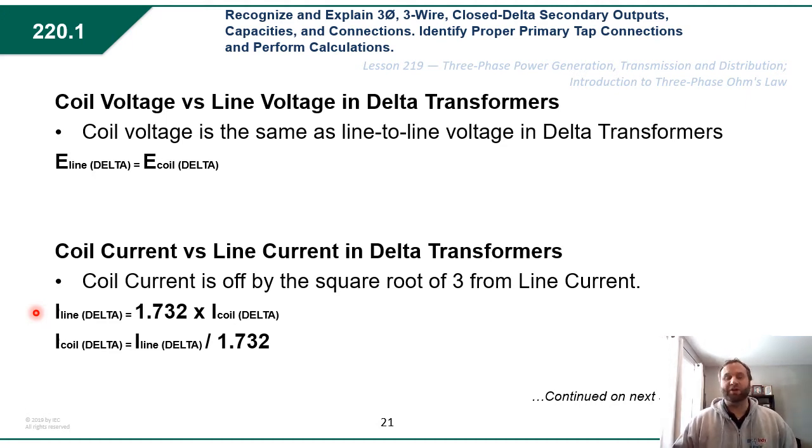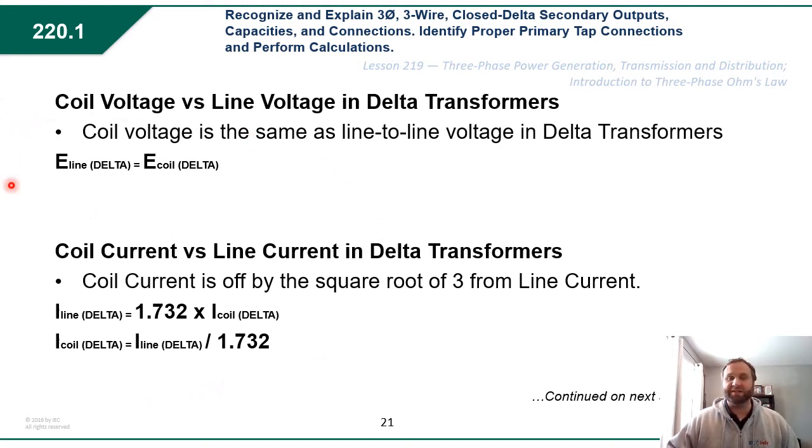That means if I'm looking for my I of line and I know what my I of coil may be, I multiply the I of coil by the square root of 3 in order to figure out my I of line. Or vice versa. If I'm trying to figure out what the coil amperage might be, and I know what the line amperage is, I take that line amperage, divide it by the square root of 3 to figure out what my coil amperage is in a delta system.